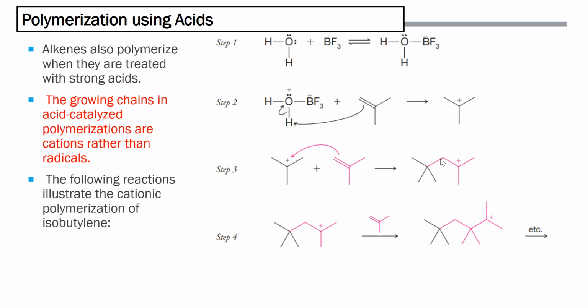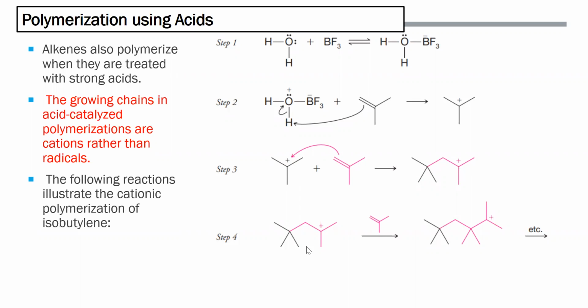Let's say in green, this is where the bond occurs. A bond between this tertiary carbon and this carbon is being formed using the pi electrons. All the electrons used to form this bond come from this pi bond. So this carbon becomes depleted of electrons because we're using all the electrons to form a bond here, and it becomes positive.